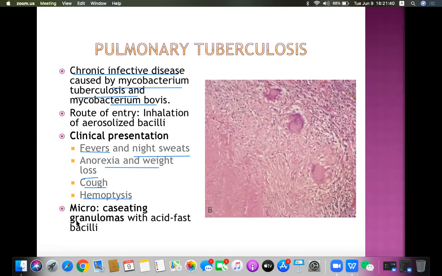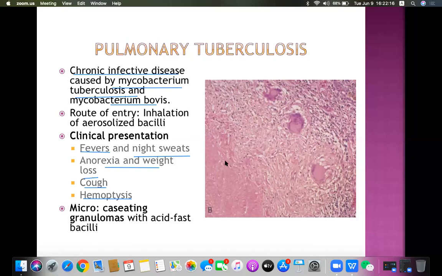Some of those activated macrophages fuse with each other and form giant cells, and in this condition we call it a Langhans giant cell. The activated macrophages are called epithelioid cells because they look like squamous cells, followed by plasma cells, lymphocytes, and fibroblasts. So this whole combination is called granuloma.